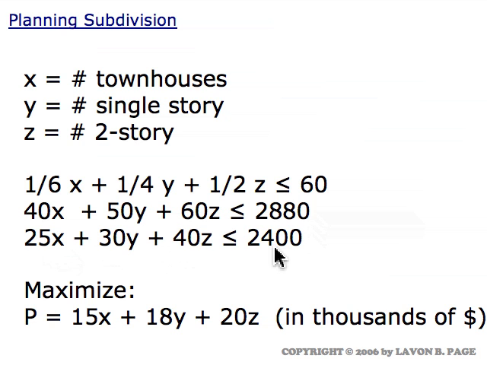And in the same way, the profit is in thousands of dollars. So I'm representing my profit, instead of writing 15,000, 18,000, 20,000, I'm just writing 15x, 18y, 20z, with the understanding that we're talking about profit as measured in thousands of dollars. So these are simplifications for my own convenience.